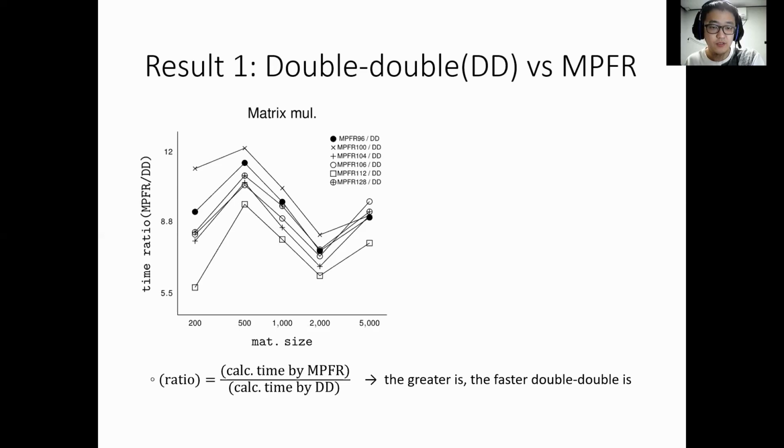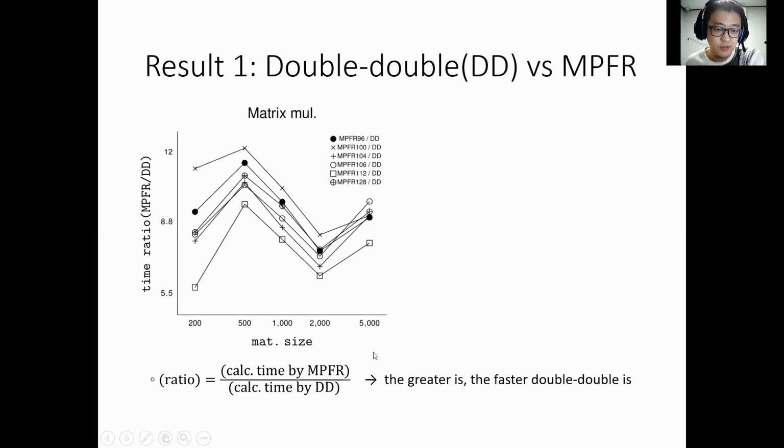In the matrix multiplication, we have increased the matrix size represented on the x-axis, and we have used MPFRs of various sizes but similar to double-doubles.